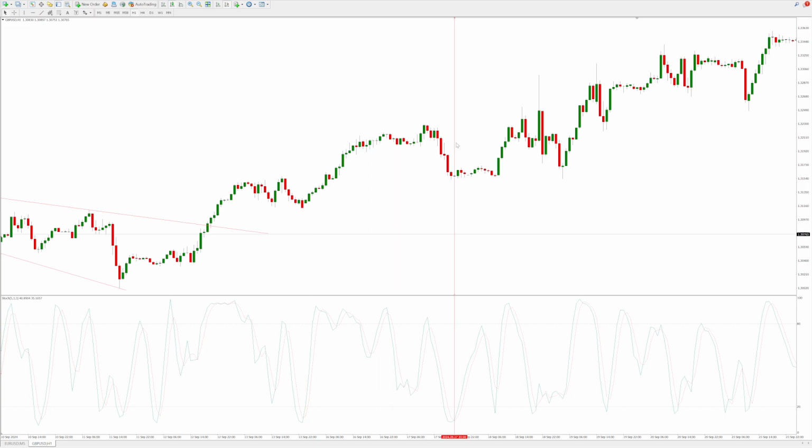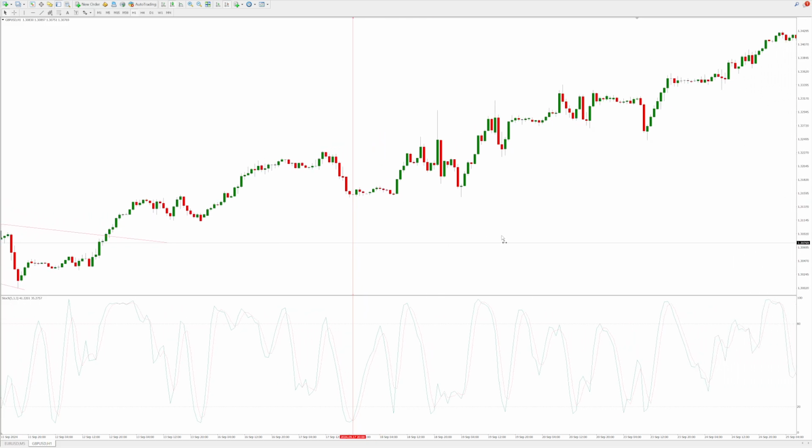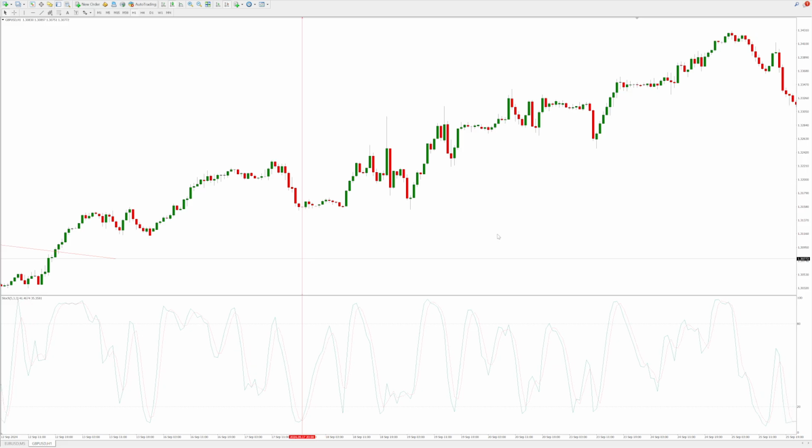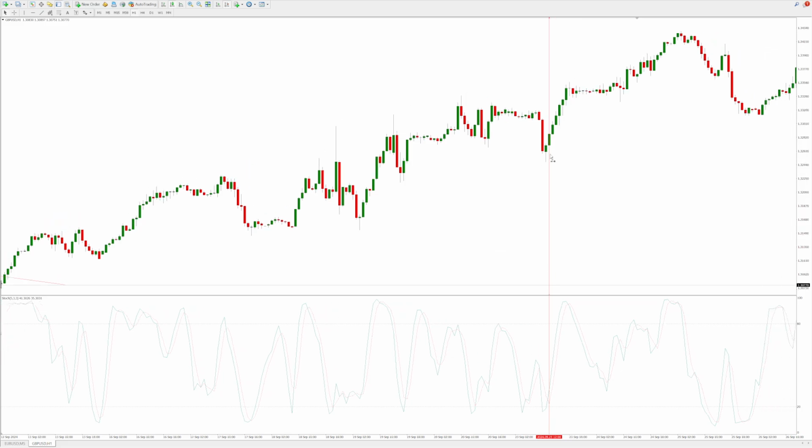Let's move along, another potential entry there, the stochastics crossing over in the oversold zone. So you can see how there's various different ways you can look to take entries using the stochastic crossover. Okay, that's a good example there.